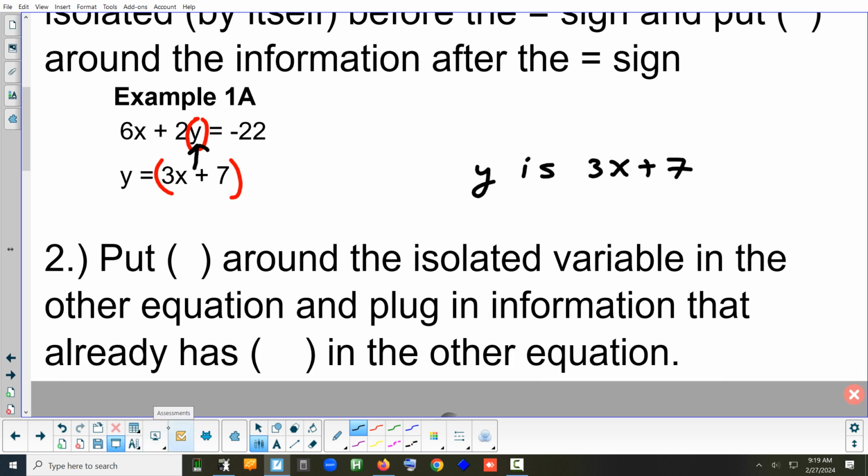So plug in the information that has parentheses around it, that's the 3x plus 7, into that letter in the top. Take the information they give you, y is 3x plus 7, and fill that information in the top.